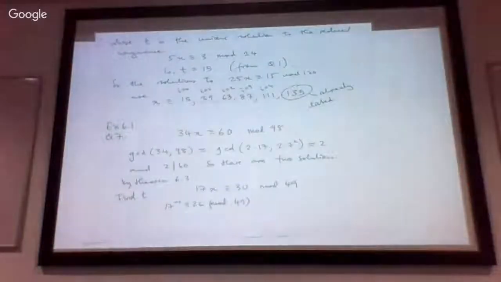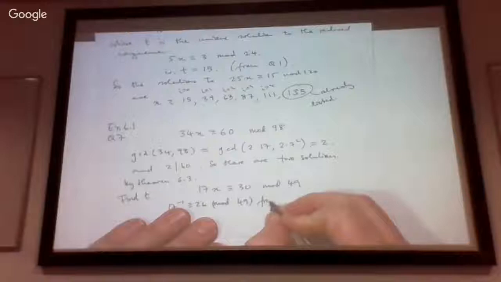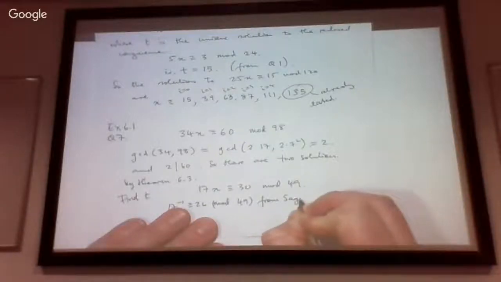So 17 inverse is 26 modulo 49. So we took that from Sage. The command was inverse mod.